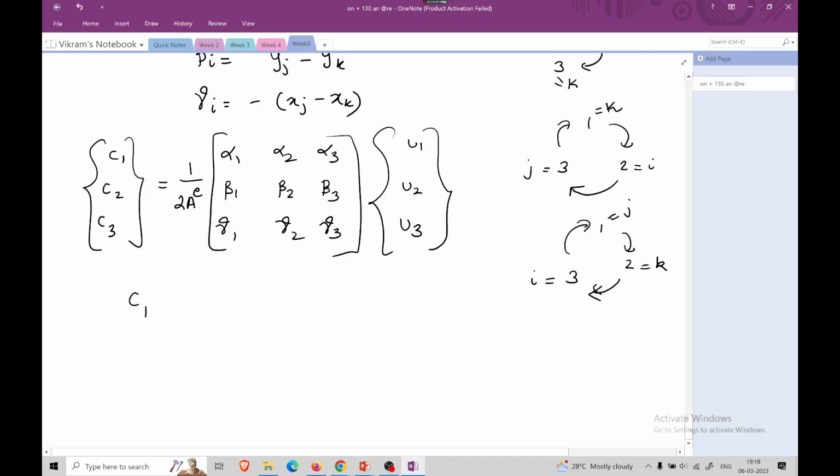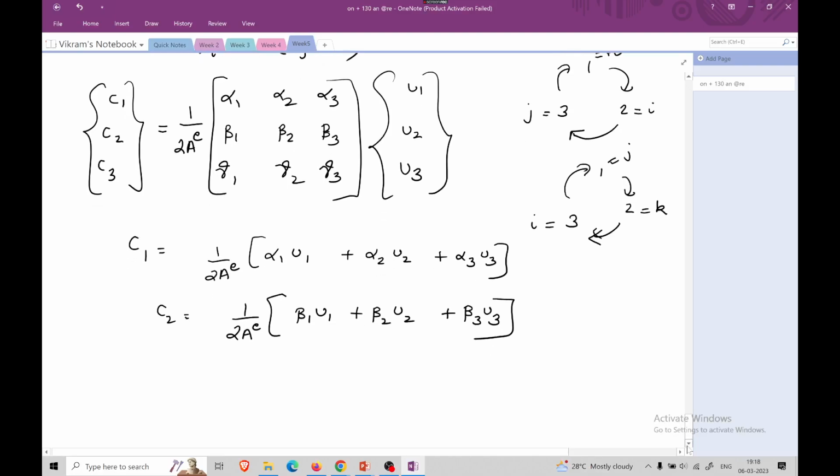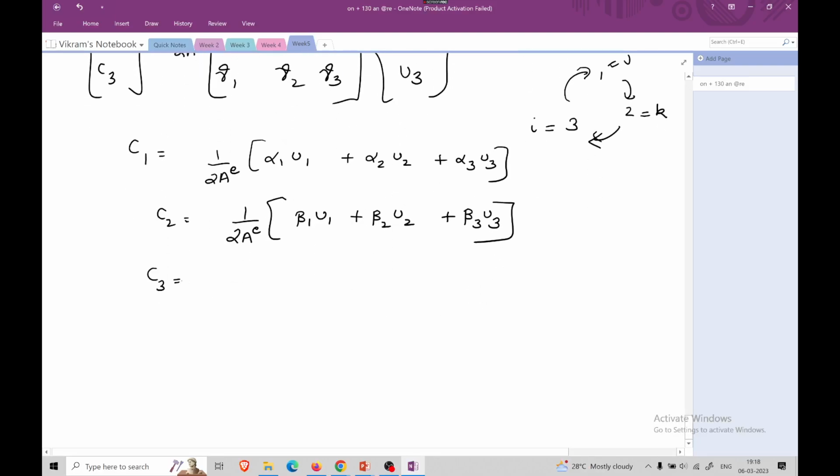So what is C1? 1 by 2AE into alpha 1 U1 plus alpha 2 U2 plus alpha 3 U3. C2 is 1 by 2AE into beta 1 U1 plus beta 2 U2 plus beta 3 U3. C3 is 1 by 2AE into gamma 1 U1 plus gamma 2 U2 plus gamma 3 U3.